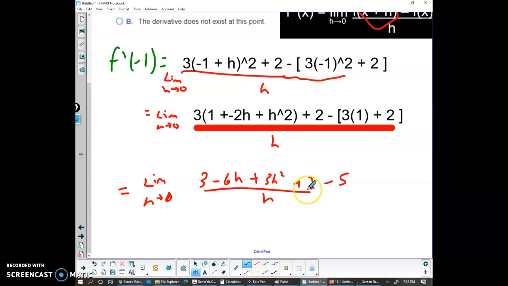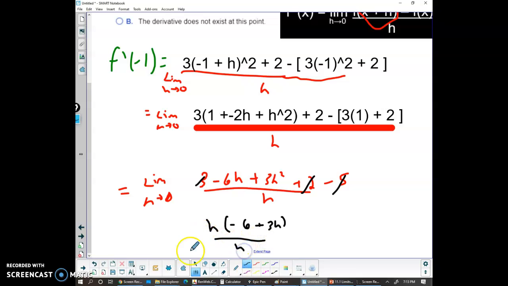We have 3 plus 2, which is 5, and we subtract 5, so that cancels. Then we have these two terms here, which we can factor an h out of. If you want to take out a 3 as well, you can, but I'm just going to take out the h because you don't really need to bother taking out the 3. So we would have -6 plus 3h left when we divide both those terms by h.